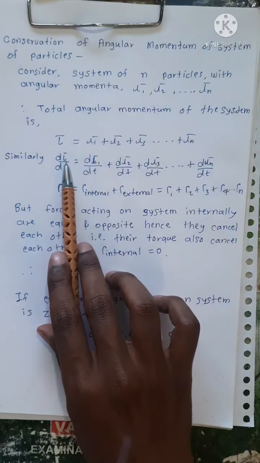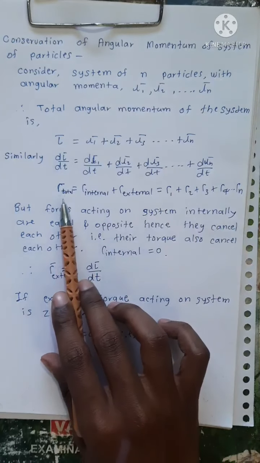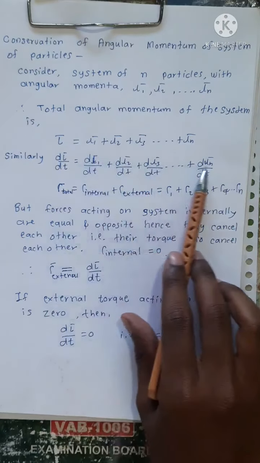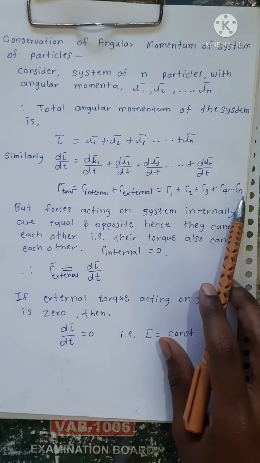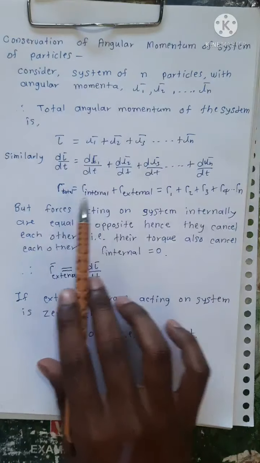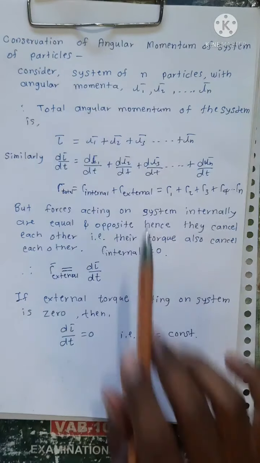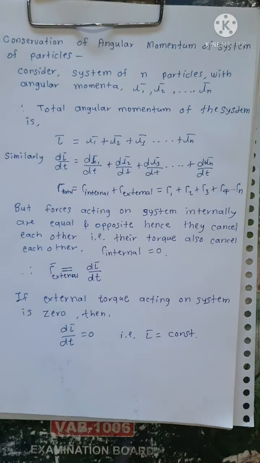We know the rate of change of angular momentum is torque. So for the individual particles it will be tau 1 plus tau 2 plus tau 3 up to tau n. Now we know tau total is tau internal plus tau external, but again in this case also the internal forces acting on particles are equal and opposite in direction, hence they cancel each other out.